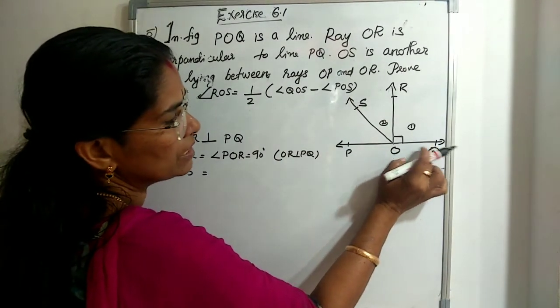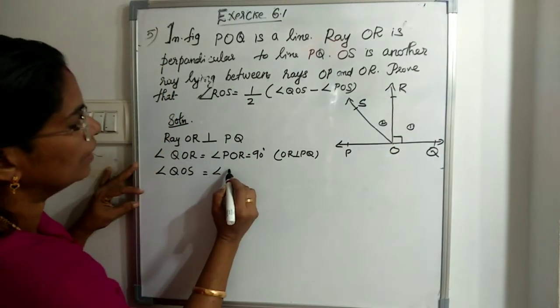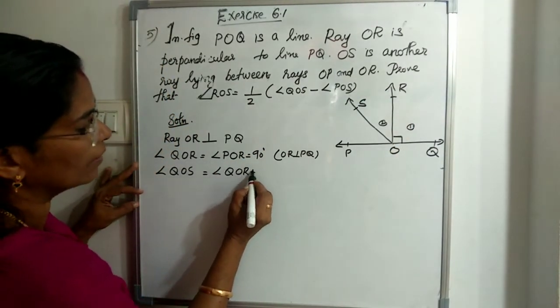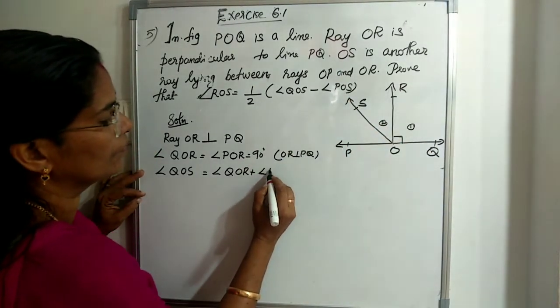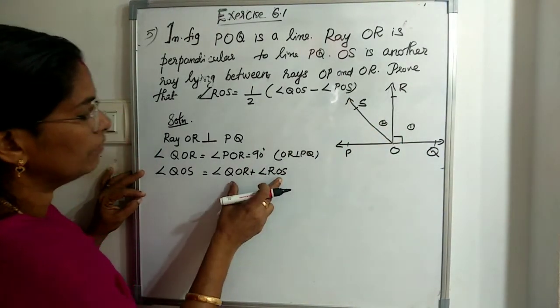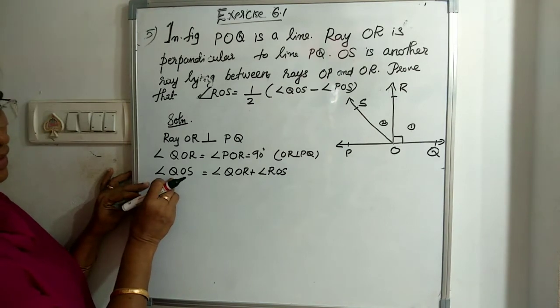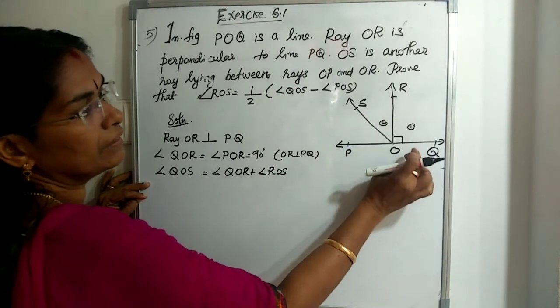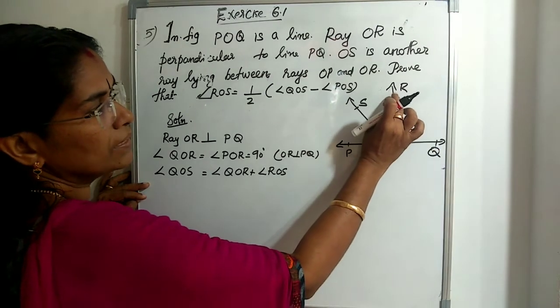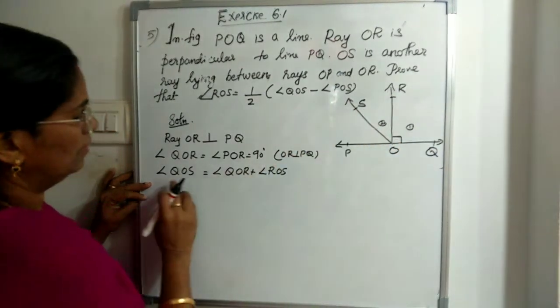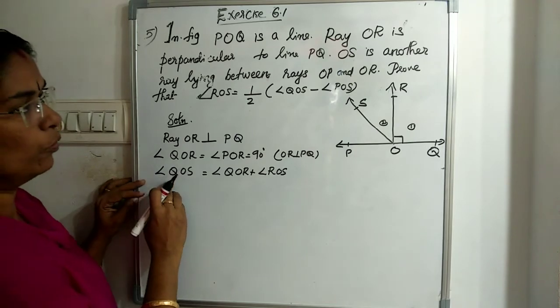First one is angle QOR, and second angle ROS. Adding together we will get angle QOS. Clear? From the figure we can see this. Angle QOR plus angle ROS, adding we will get angle QOS.